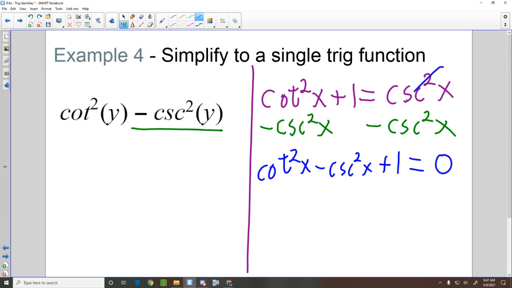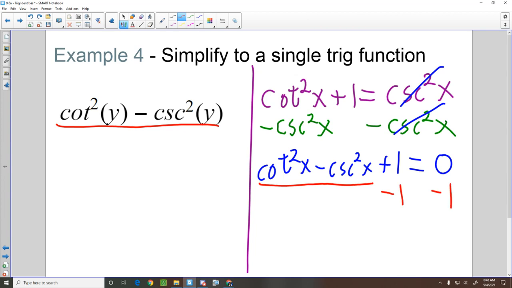And now this equals 0, right? Because cosecant squared minus cosecant squared is a 0. So this is really close at this point because I see cotangent squared minus cosecant squared. It's really, really close, except there's this plus 1. Got to get rid of that by simply subtracting 1.